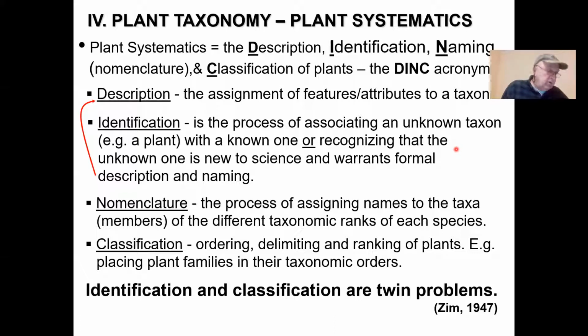And this has a lot to do with the difference between artificial keys and ones that are evolutionary or phylogenetic. Flower color is an artificial character that seldom has much evolutionary credence to it. Something that's blue is not necessarily related to something else that's blue. But something that has a samara, S-A-M-A-R-A, a fruit type in the maple family, if you use that in the process of identifying something, you're probably working with an evolutionary framework instead of an artificial framework.